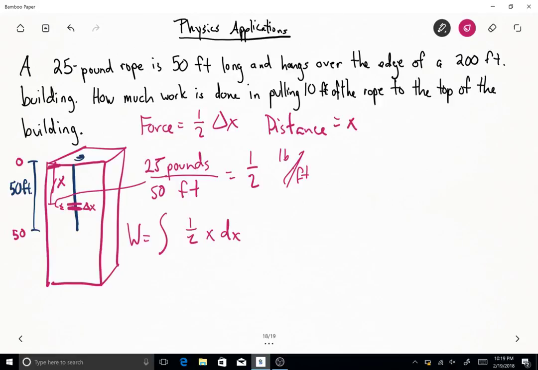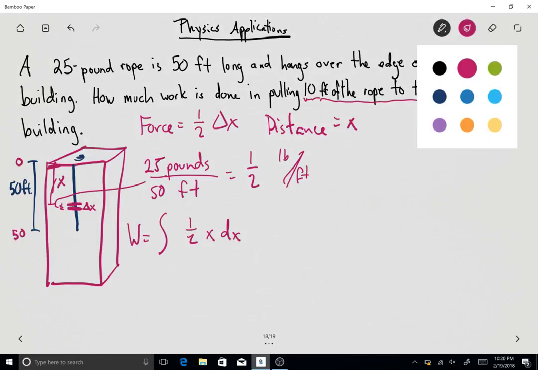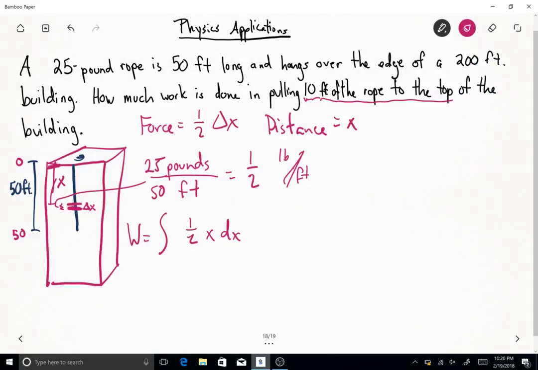Now here's the real trick though. What makes this hard for some people is figuring out the bounds of integration. We're pulling 10 feet of the rope to the top. So most people say, well, actually I'll let you all figure it out. What do you think the bounds of integration should be?